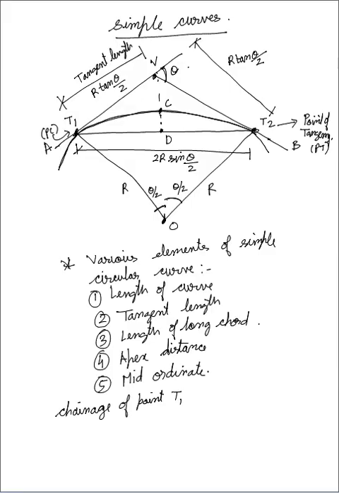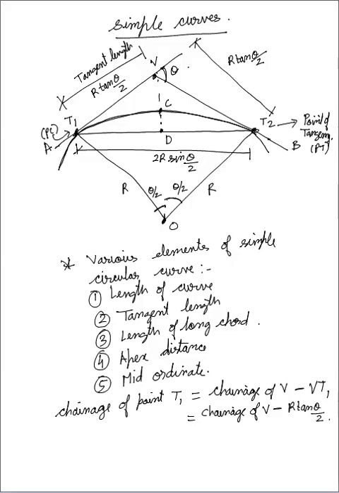So chainage of point T1 is equal to chainage of point V minus VT1. VT1 means the distance from point V to point T1, that is basically tangent length. So it will be equal to chainage of V minus R tan theta by 2.